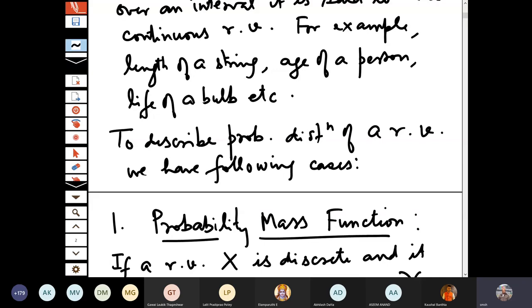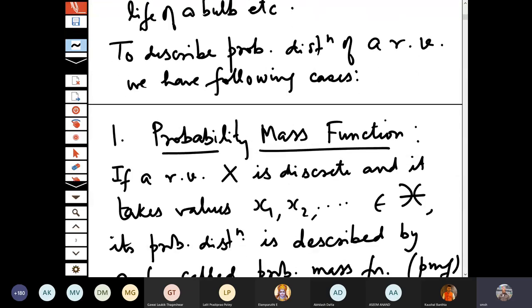So we have an event space, and based on that we defined a probability function. Now that probability space, omega, B, P, has been transformed to R, B and Q, as I wrote in the last class. So what is that Q? That means how the probability is assigned to values of the random variable.